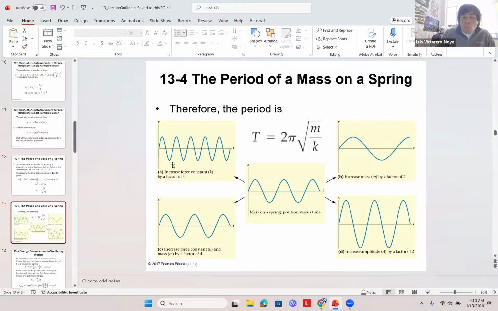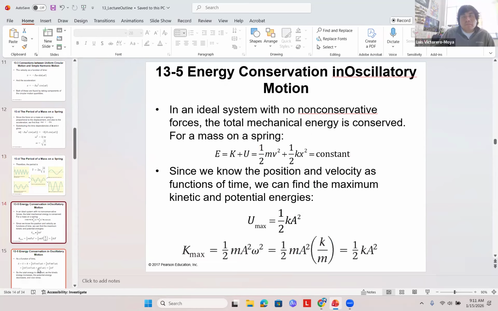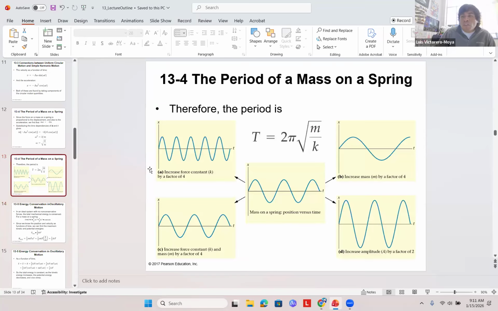More frequency means more waves per time, more cycles per time. Sorry, more frequency means less time, so you have less time for one oscillation. Here you have more time for one oscillation because you have less frequency.